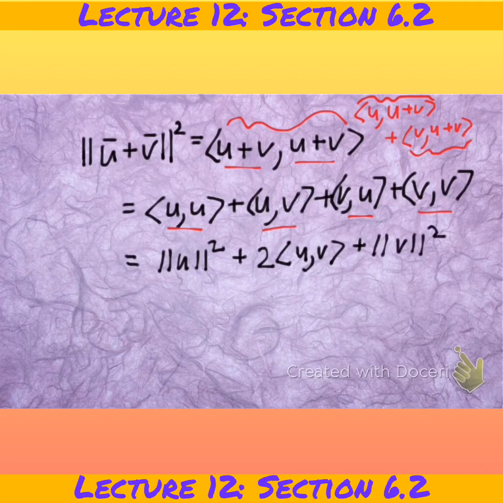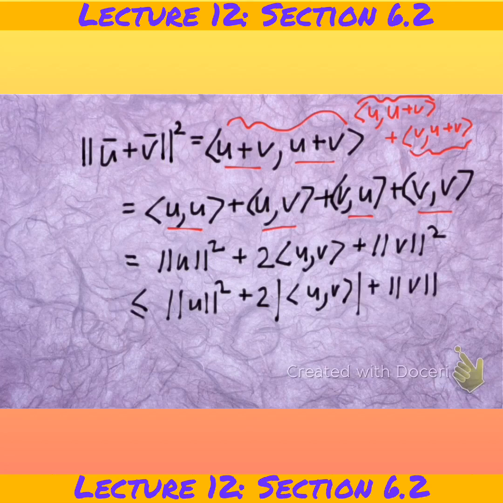Now you can replace that with an inequality: the square of the norm of u plus twice the absolute value of the inner product of u and v, because the inner product of u and v could possibly be negative. So the inequality holds.